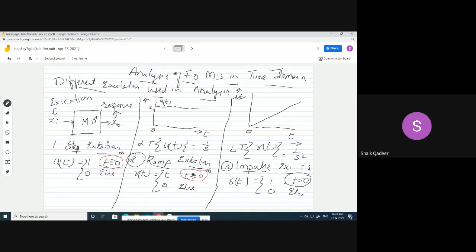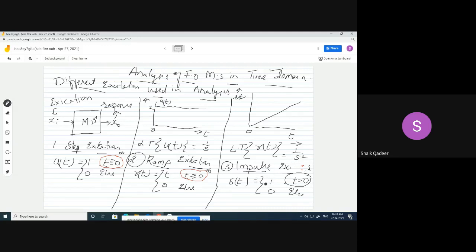It is represented as t for t greater than or equal to 0, and equal to 0 in else case. The sketch for this is like this. From 0 to infinity, r of t is just equal to t, so the relation between r of t and t is a straight line. Its Laplace transform is 1 by s square.